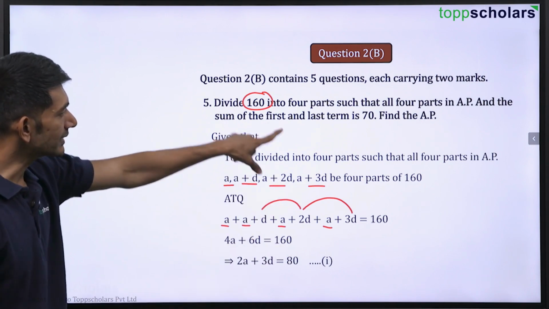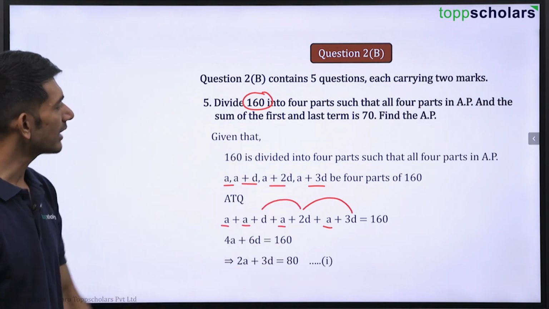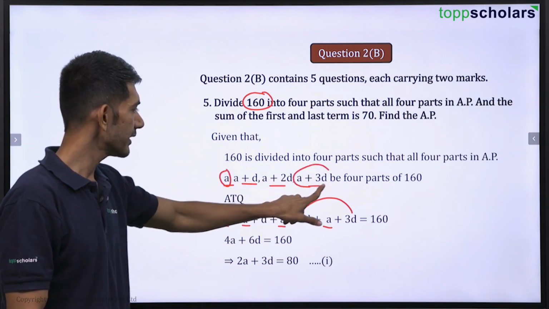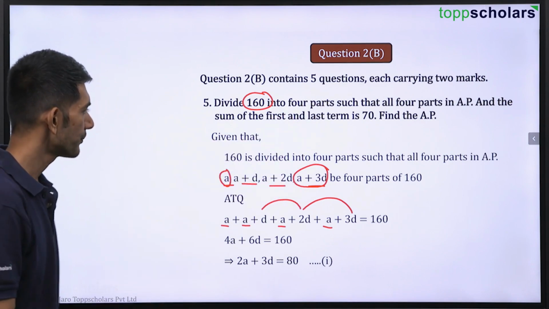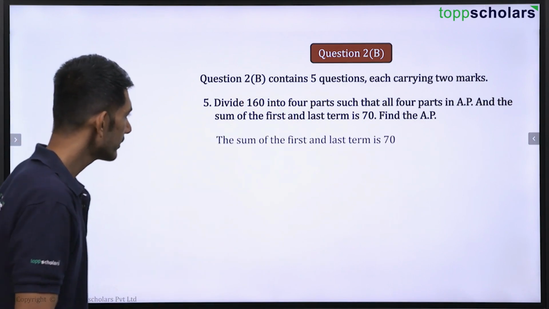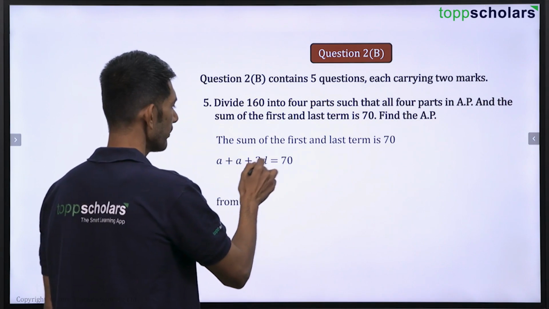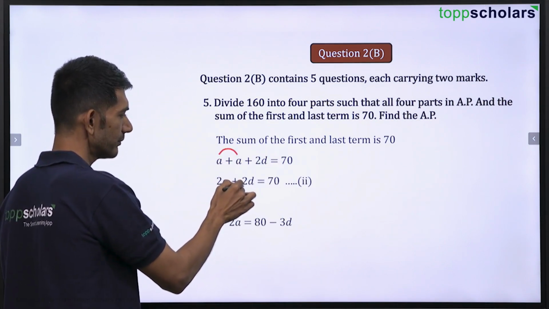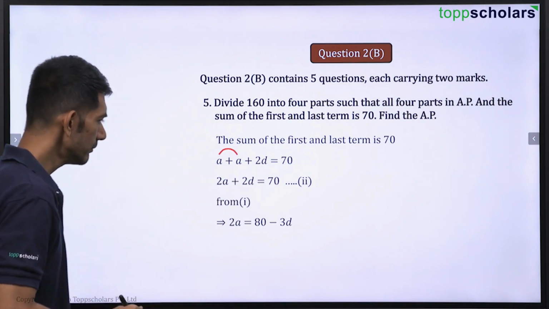Now the sum of the first and last. First is A, last is A plus 3D. Their sum is 70. So can I say here that 2A plus 3D is equal to 70. Correct?